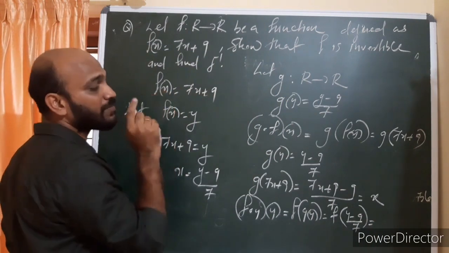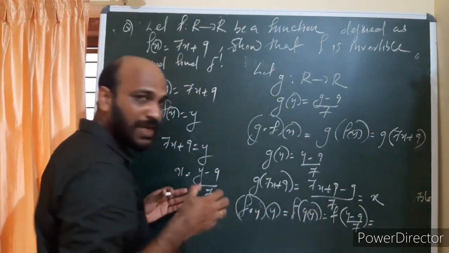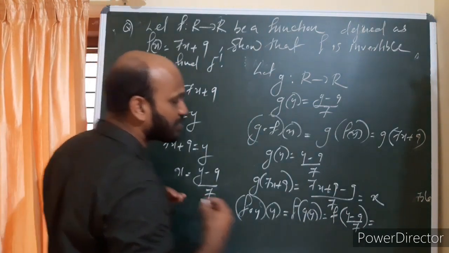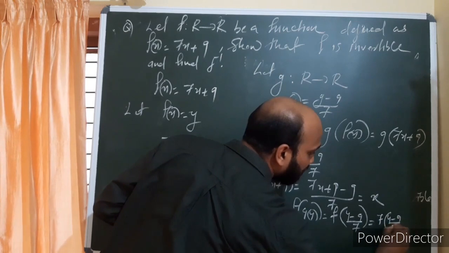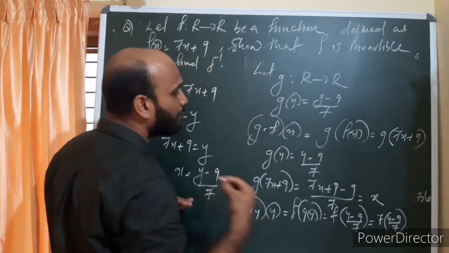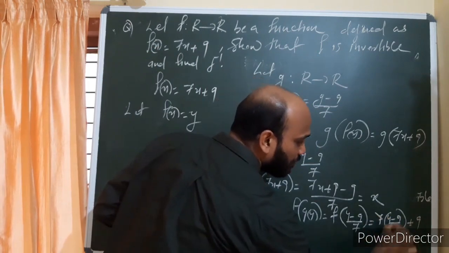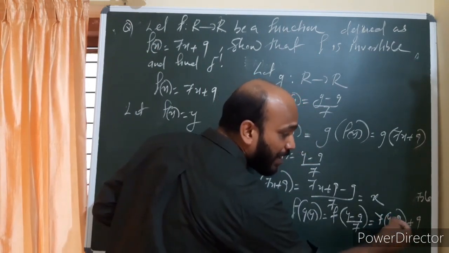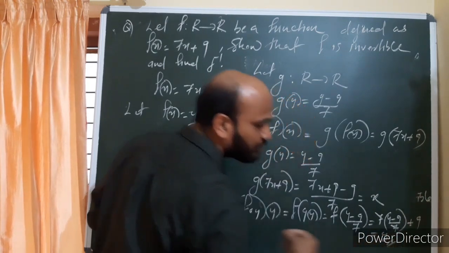So in place of x, we have to substitute (y minus 9) by 7. f of (y minus 9) by 7 you have to find. So the answer will be 7 into (y minus 9) by 7, plus 9. The 7 and 7 can cancel. y minus 9 plus 9 will be equal to y.